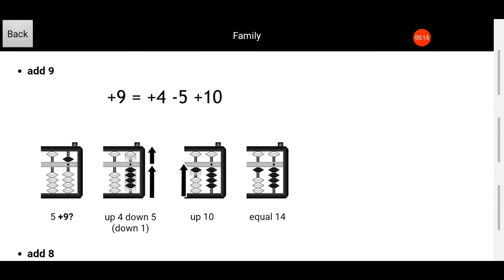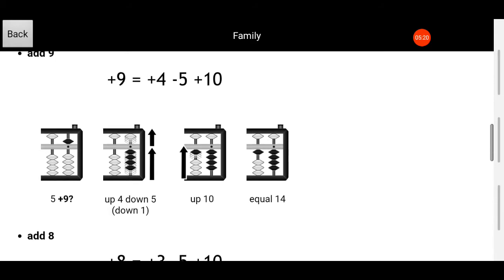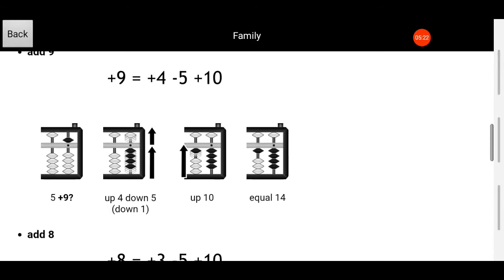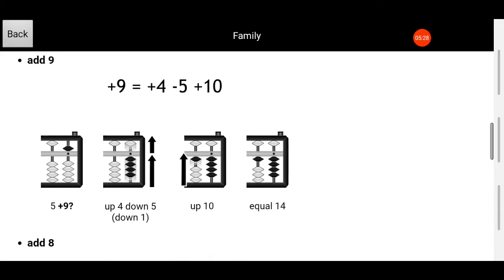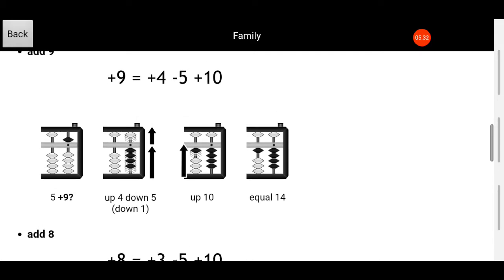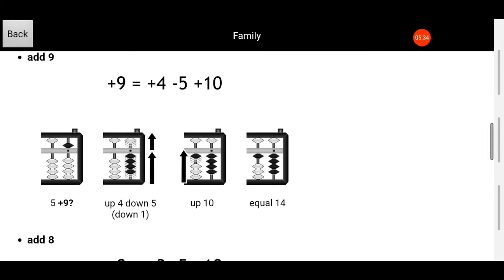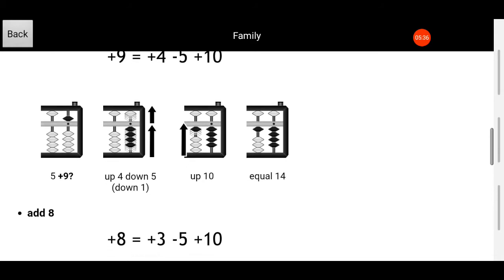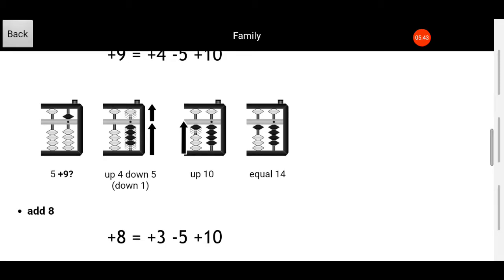First we have to up 4 down 5, which is equal to down 1. Okay. Then up 10 is equal to 14.